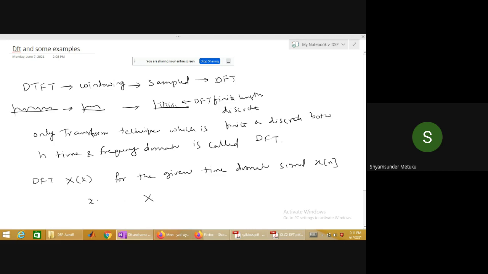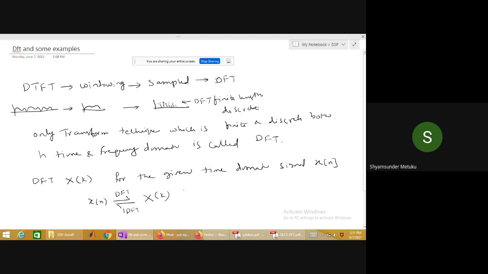X of n, if you perform the DFT, I'll get capital X of k. If I perform inverse discrete Fourier transform, I'm going to get X of n. So if X of k is given and you need to calculate X of n, you call it IDFT. If X of n is given and you want to calculate X of k, it is called DFT. That is what is important.